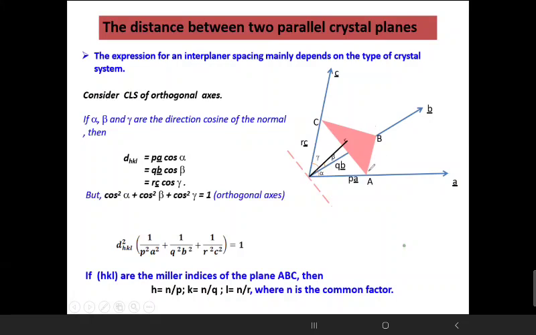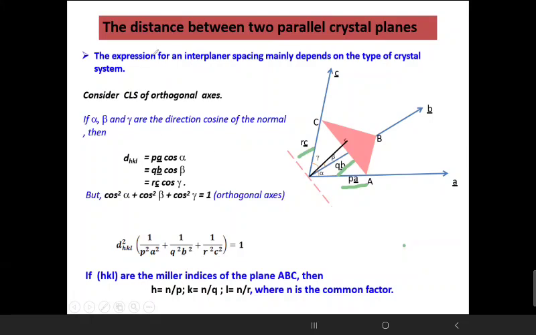This plan is known as ABC. So the plan ABC cuts the A axis, B axis and C axis. The cutting point at the A axis is PA, at the B axis is QB, and at the C axis is RC. These are the cutting points.